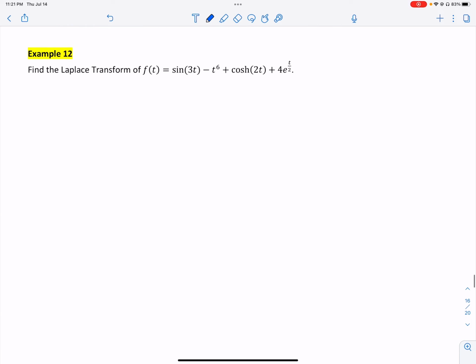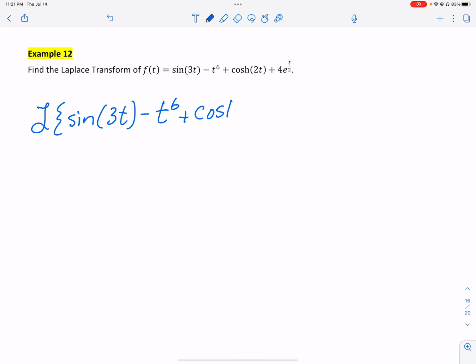Okay, so this last thing here, they want us to find the Laplace of that whole thing. So I'm going to write it down first. Minus t to the 6th plus hyperbolic cosine 2t plus 4 e to the t over 2. And we can break this down to each one. I will do that. You don't have to.